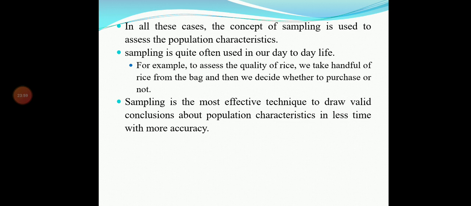It is one of the most useful techniques in drawing valid conclusions in very little time and with more accuracy, which means the most efficient technique in these types of cases as well as in day-to-day life.